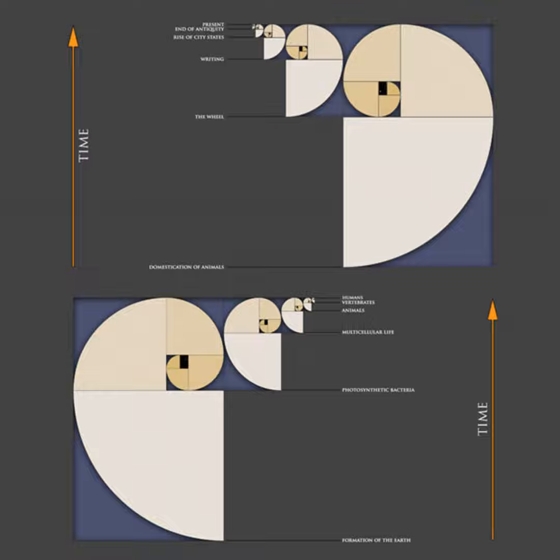Going up this golden scale, we have the rise of city states, where people started living together in cities. Then the next milestone would be the end of antiquity, which is the beginning of the calendar that we use today. And then the last moment, we have the present.